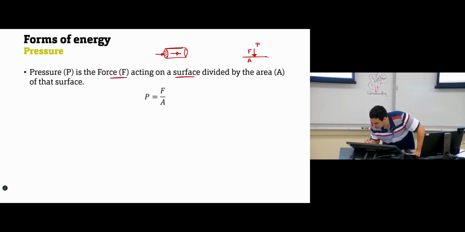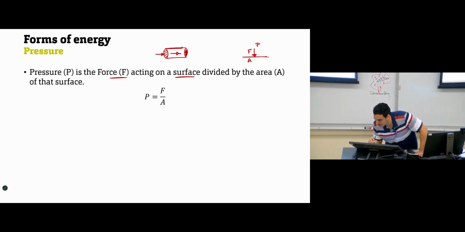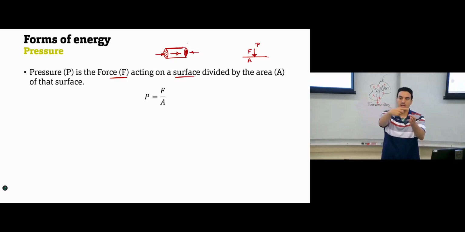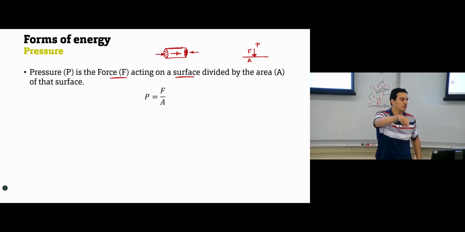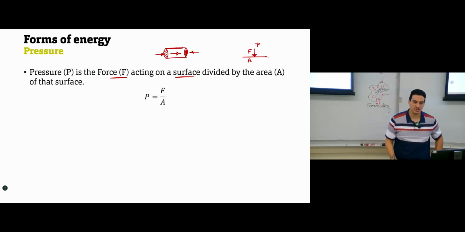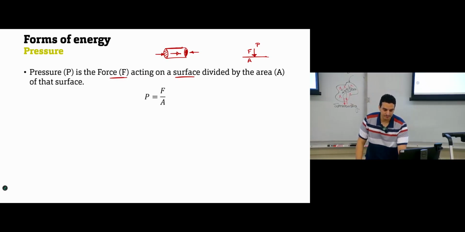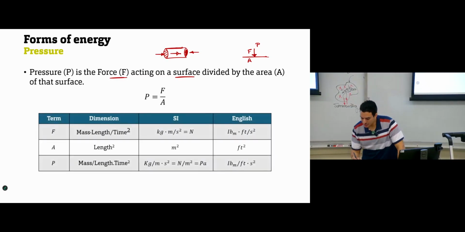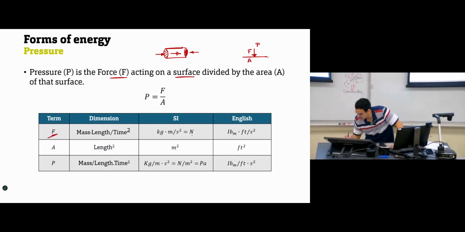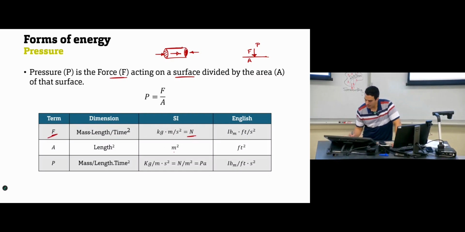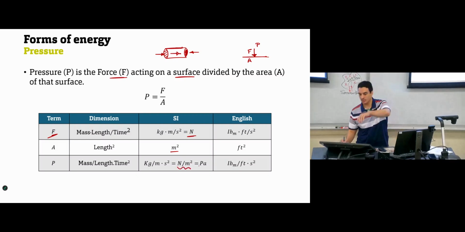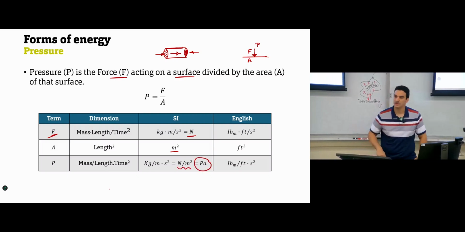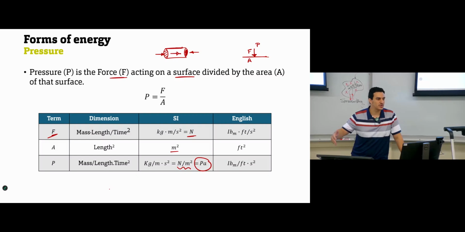So it's normal and going inward, affecting the system, inward into the system. Clear? What are the units? We have force in the SI system, you remember, in Newton, area in meter squared, so we have Newton per meter squared, which is equivalent to Pascal. You are familiar with these units, right? You heard them before.